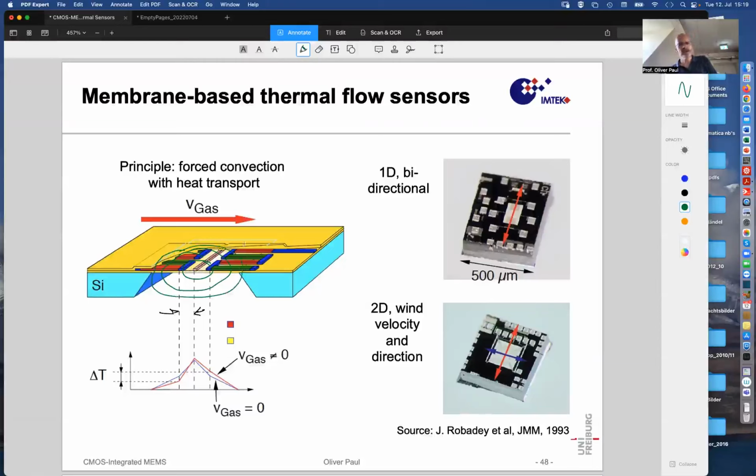And when there is a gas flow, of course, this profile is distorted to either side, depending on the gas flow velocity. And you can see this schematically here in the temperatures.